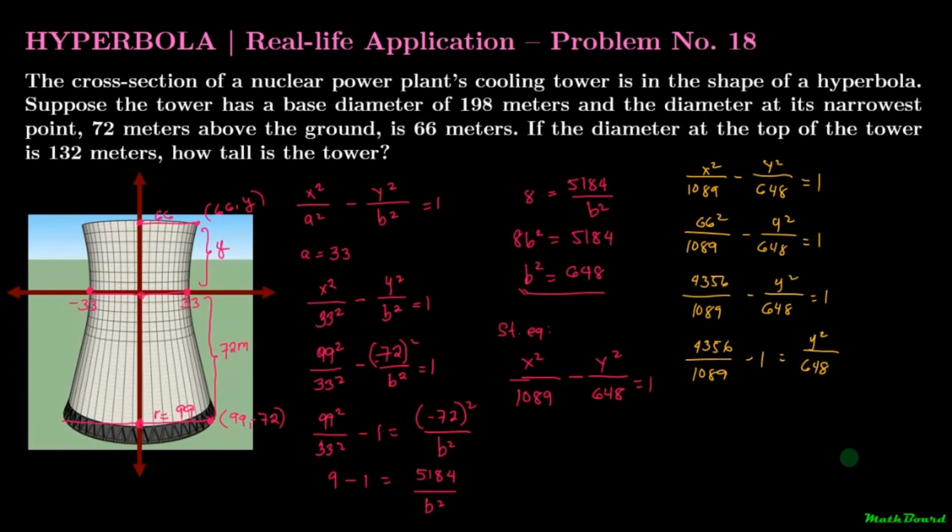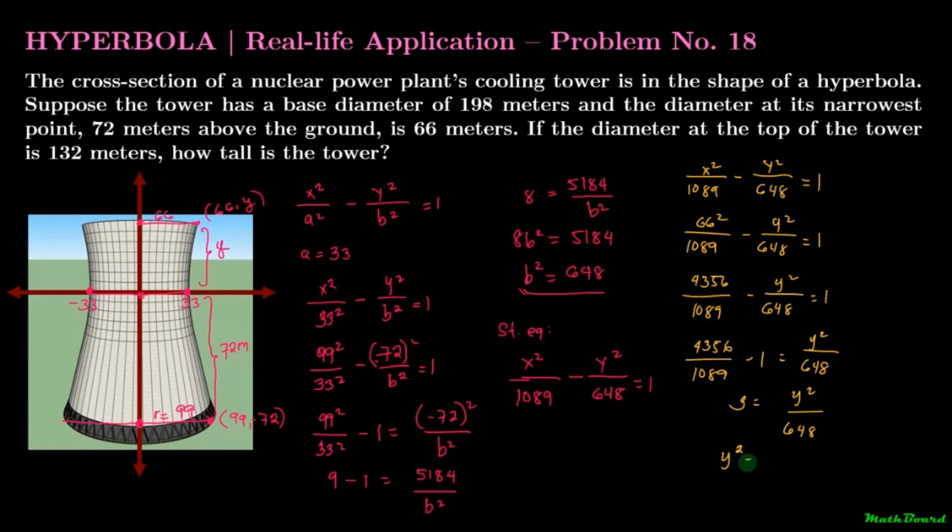4356 over 1089, then minus 1. Ang sagot dyan ay 3 lang. So, 3 equals y squared over 648. Then multiply mo lang yung 648 kay 3.